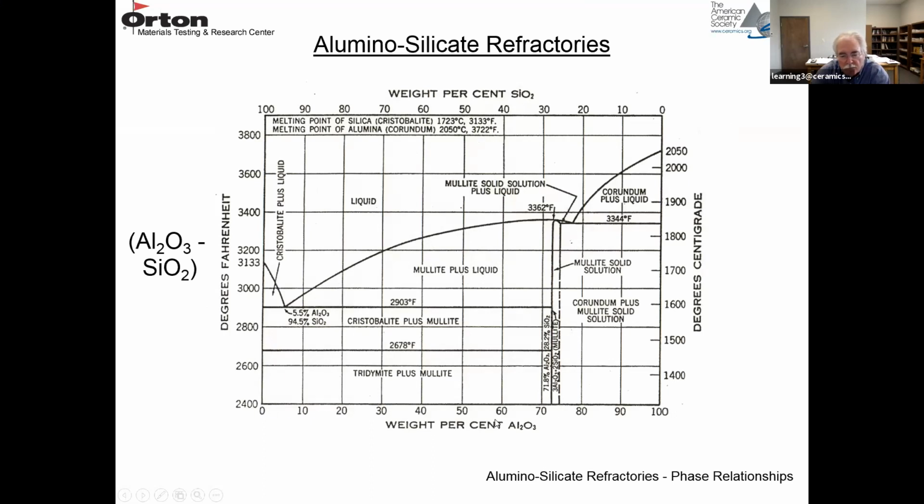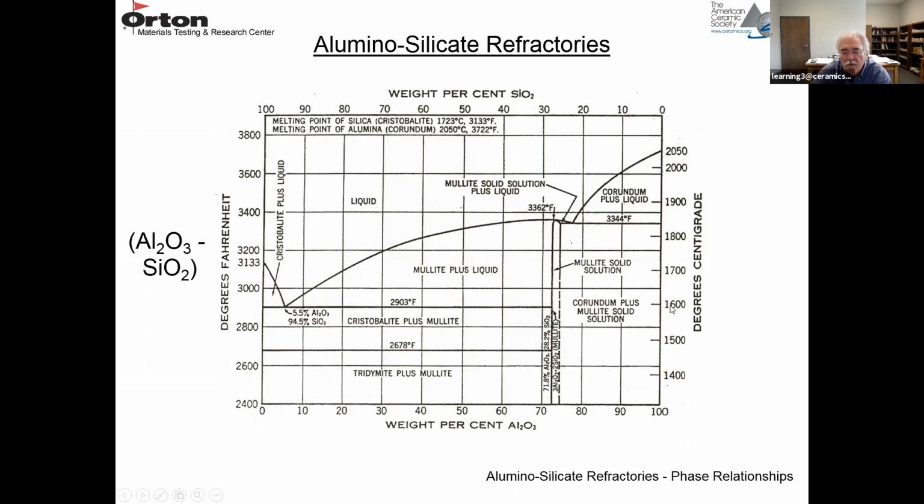This is weight percent Al2O3 to 100%. Silica goes from 0 to 100 in this direction. So this is pure silica. This is pure alumina. And we have temperatures in Fahrenheit and degrees C. 71.8 is mullite. So I mentioned that below the mullite composition, below 71.8% alumina, here is your melting temperature, and this is in degrees F, 2903.